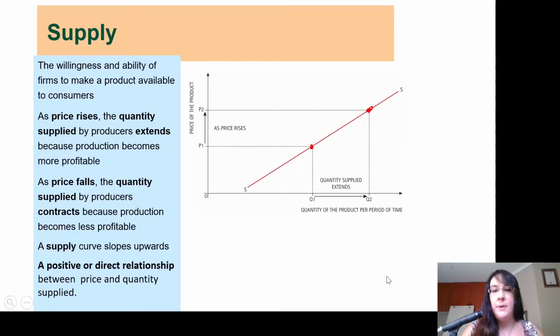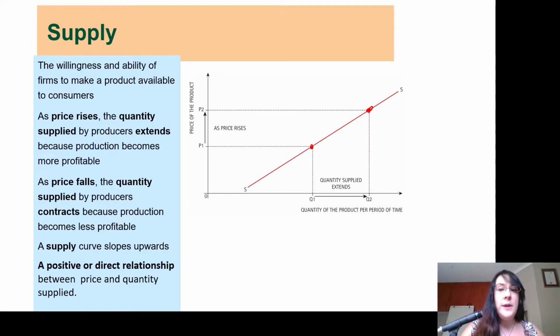Let's look at the supply curve. The supply curve is upward sloping, whereas the demand curve is downward sloping. It really is just the relationship between price and quantity that depicts whether it should be upward or downward sloping.